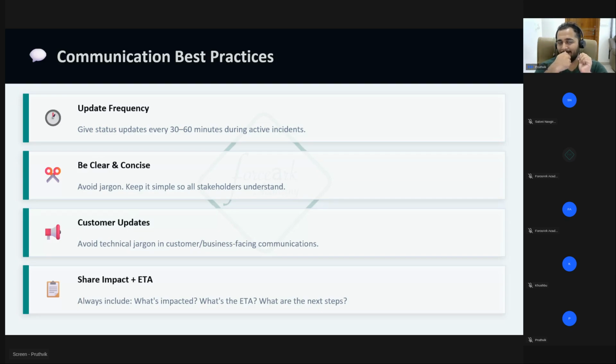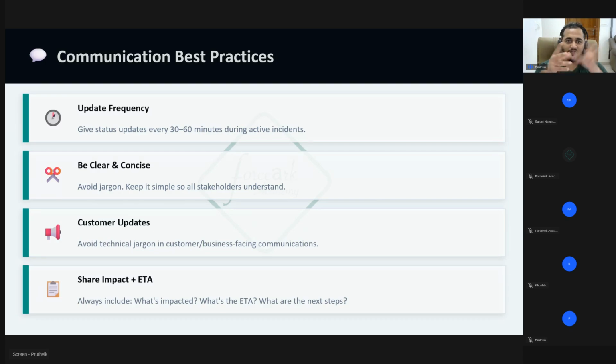Usually when you're trying to resolve an incident, the person trying to understand what you're doing will not be a technical person, he will be a business person. So you should not be using a lot of technical jargon in your incident management, because they will not understand what you're trying to do. If you tell him that my API is stuck at this point, I'm trying to fix my code, my SQL query is not working, big no. People will not understand.